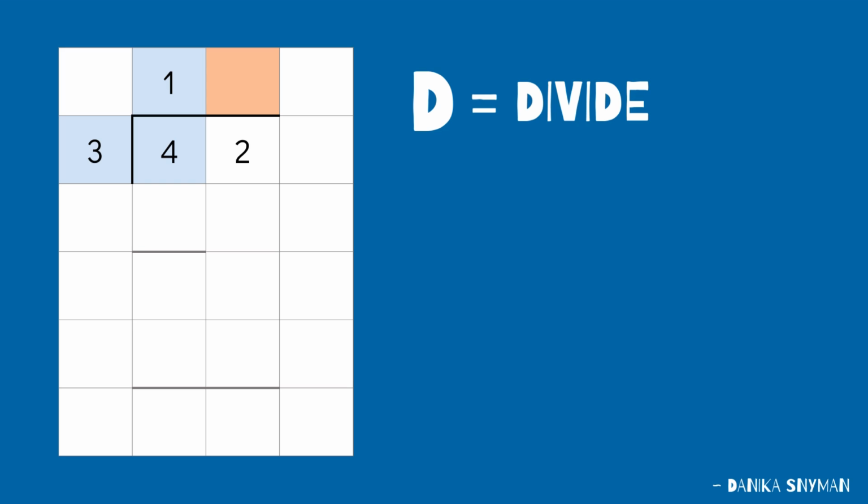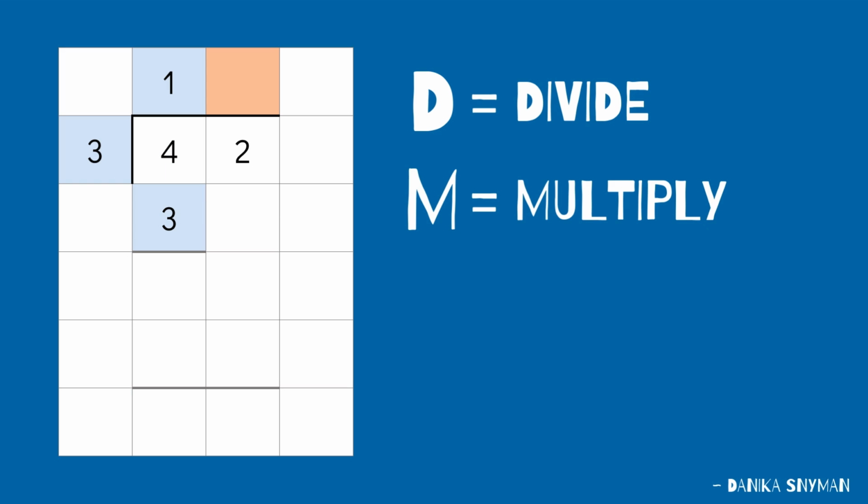So the D, first divide. We look at the first number, it's the 4, and it can be divided by the 3. So 3 goes into 4 one time, so write 1 on top.